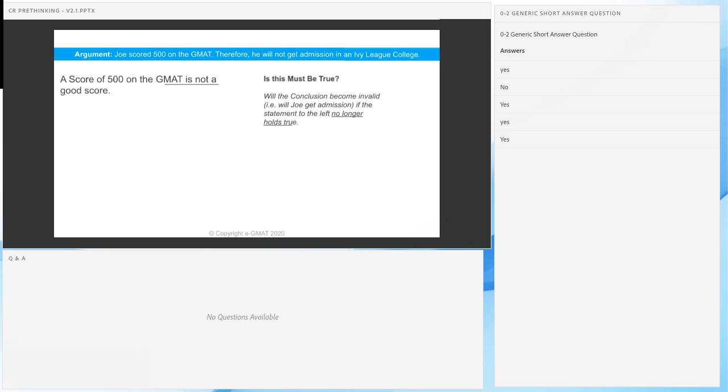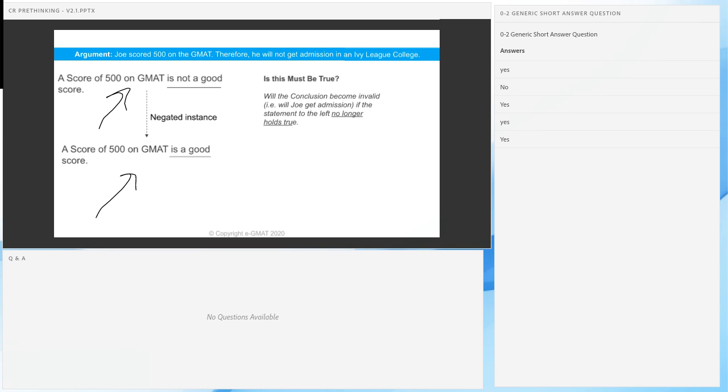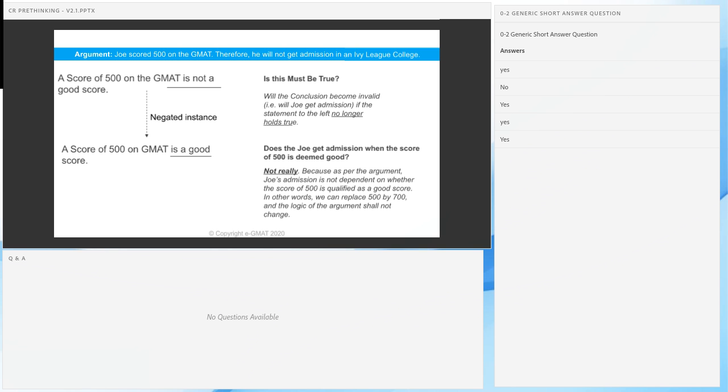So we're going to really see what happens when you say this is not a must-be-true statement. If this is not must be true, then this becomes true, which means a score of 500 on the GMAT is now considered a good score. Now, if that happens, will Joe get admission in an Ivy League college? The answer is not really. Why?